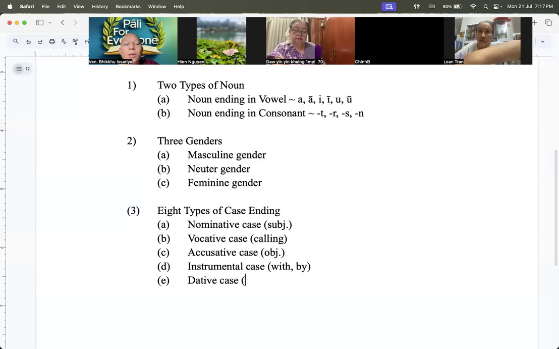So to denote who receives, if you give a present to your friend, your friend is the receiver. Such a person will be expressed with the dative case. That is why this case also can be expressed with to or for. So I give it to you like that, dative.